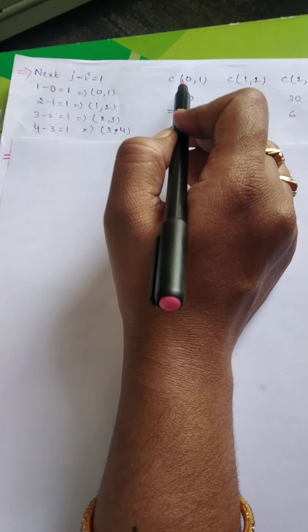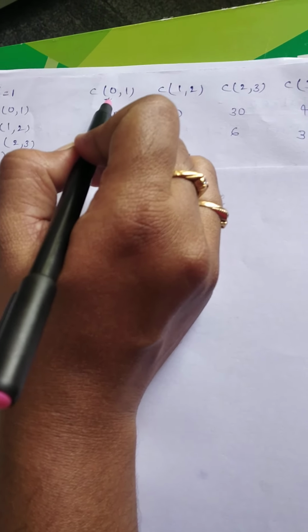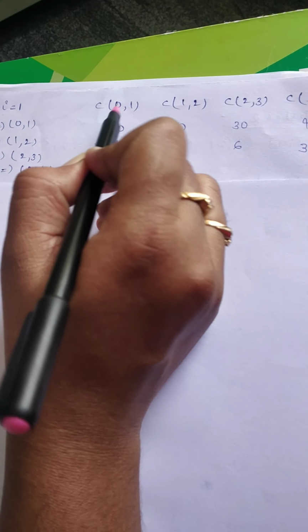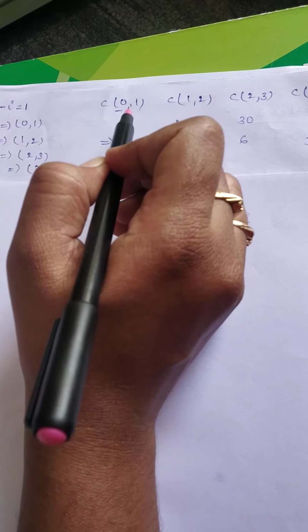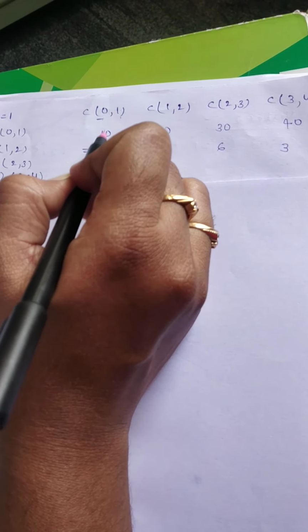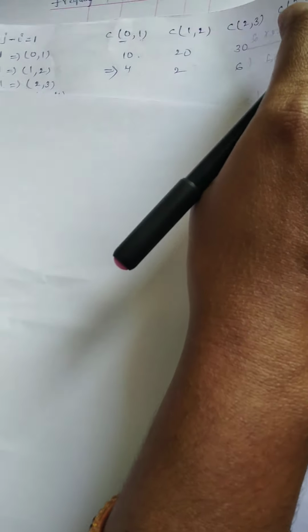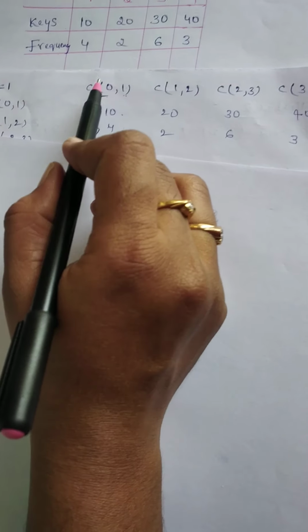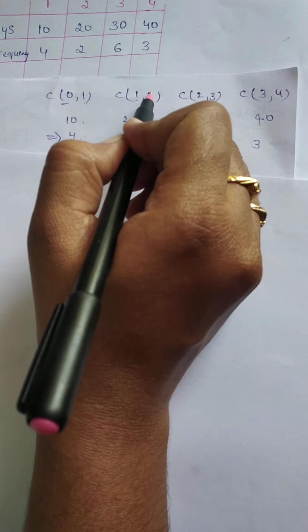First, how do we calculate this value, cost of 0 comma 1? Here we ignore the 0 value and take the 1 value. Take the key and frequency: key value is 10 and the 1 value is 4. So 10, 4. Next ignore 1, take 2.